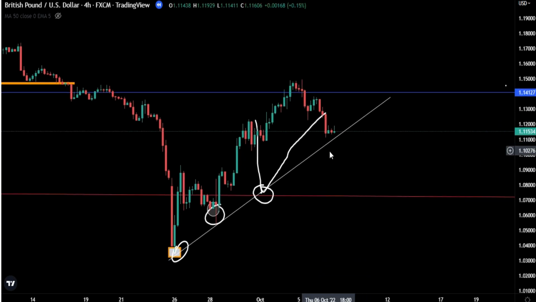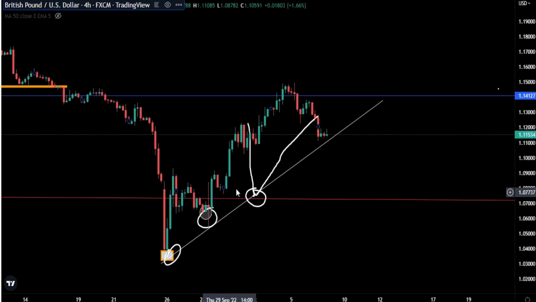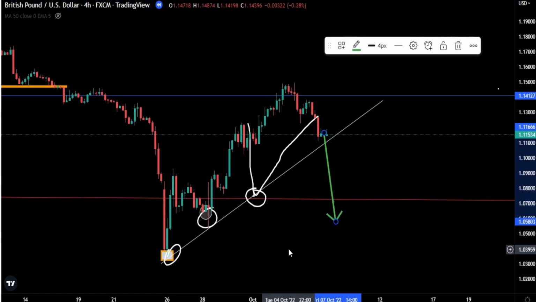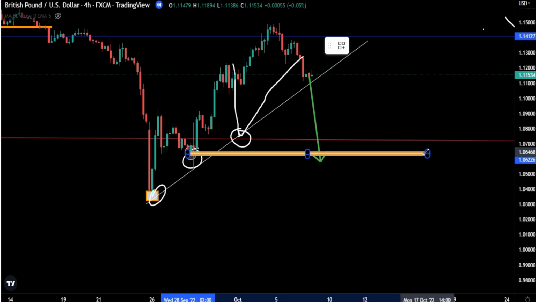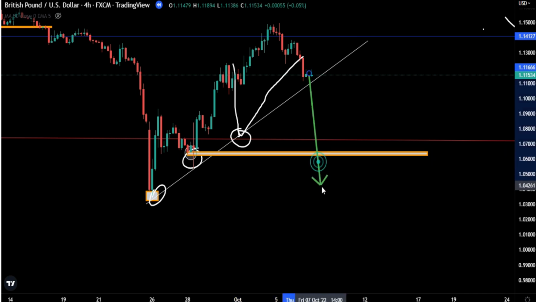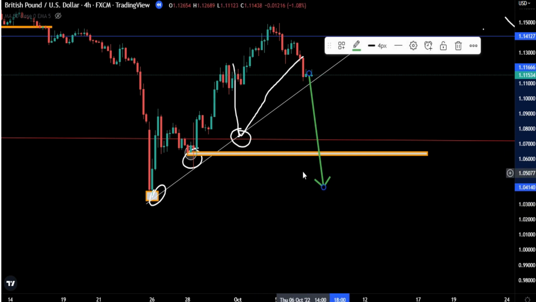So you want to see if the price will break this particular swing low. We have this low right here. If the price breaks it, it has messed up the trend, so we keep pushing to the downside.